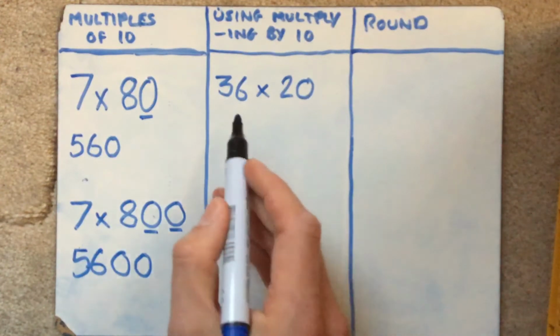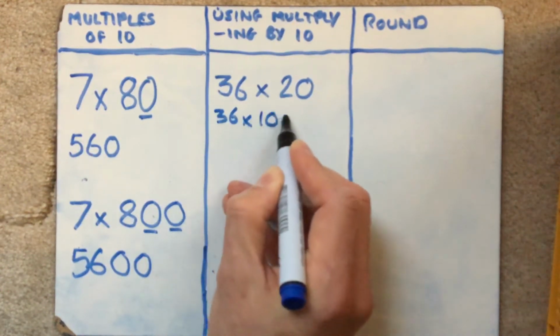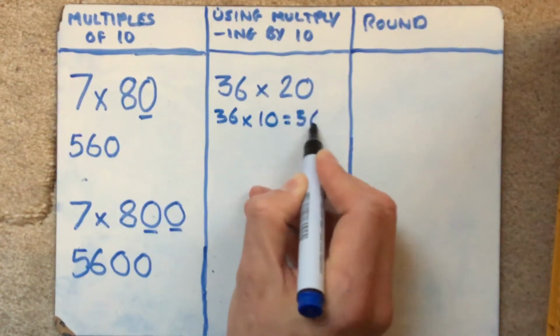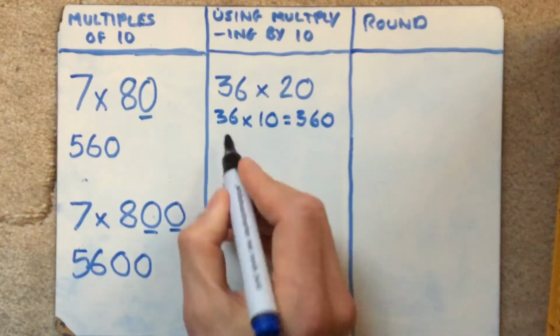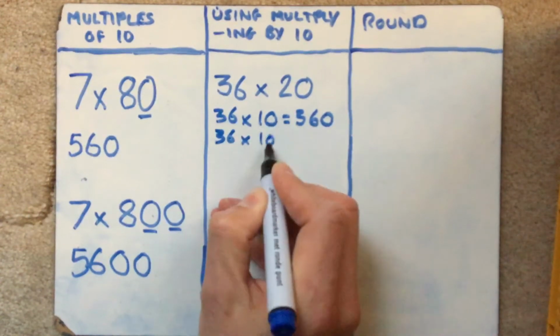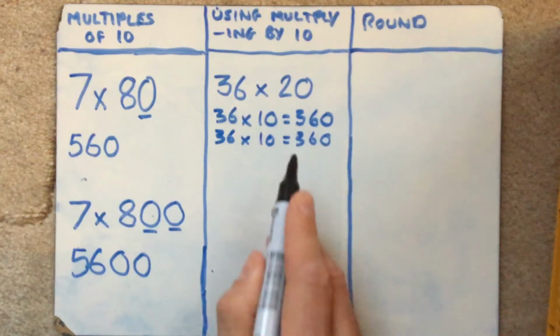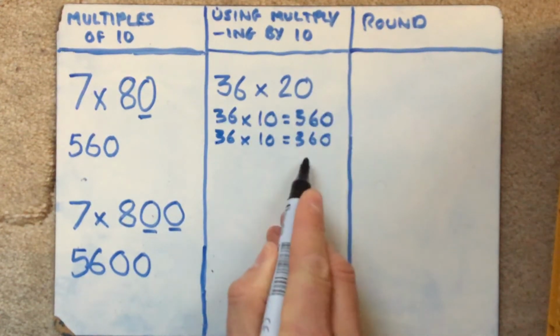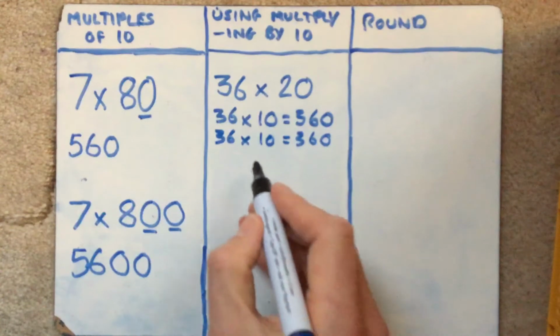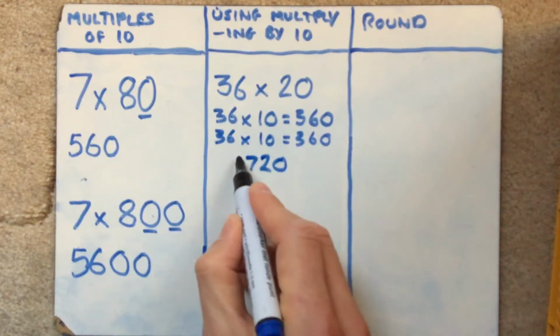I can do 36 multiplied by 10, which I know is 360, and then another 36 multiplied by 10, which is another 360. And I can put those together in my head, double 360, which I know is 720.